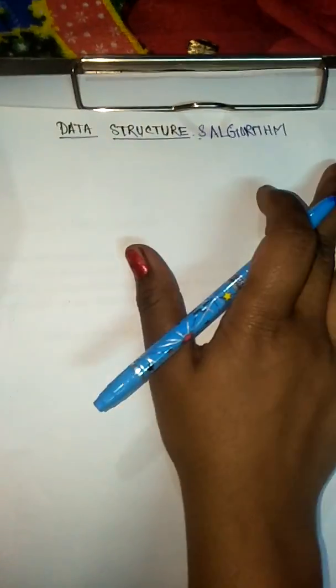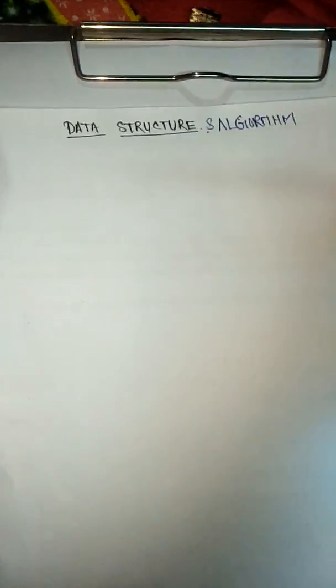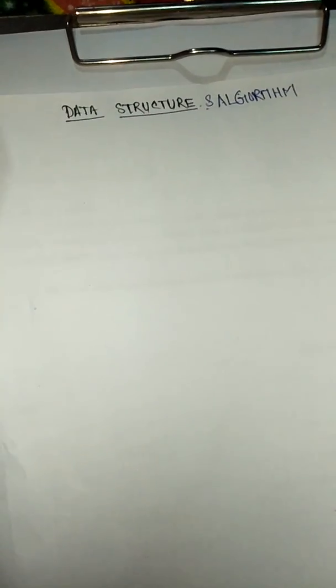At first, data is a collection of information. We have some information from different sources and collect it, and we can say that it is data. But only collection is not enough.